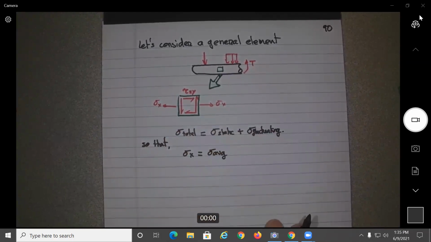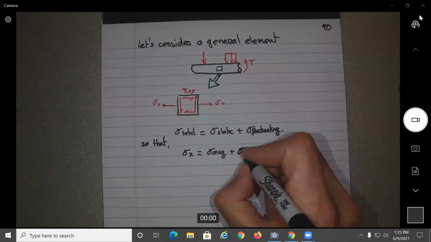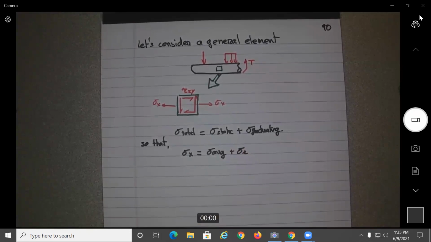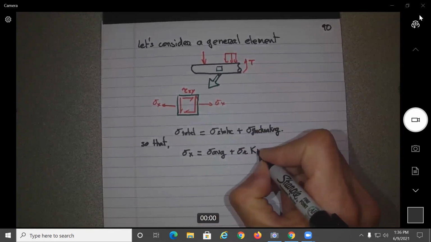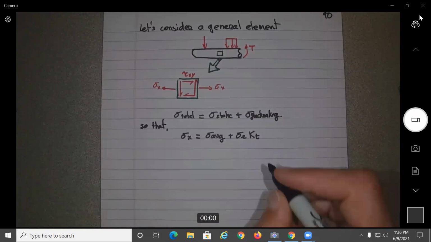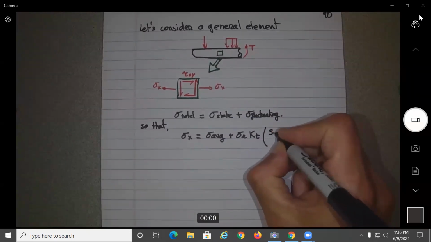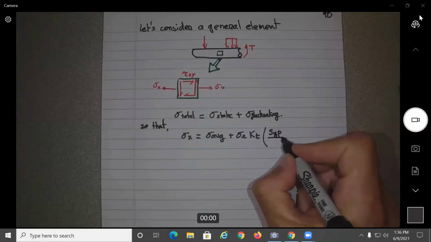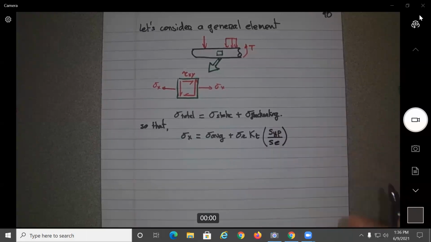This will be the static component plus a fluctuating component that will be equal to, let's just call it sigma sub r, times a, if there's any change in geometry, a key, a round edge, whatever you want, it will be a stress concentration factor. And now this needs to be multiplied by the yield stress divided by the endurance stress. I'll tell you what that is now, okay?